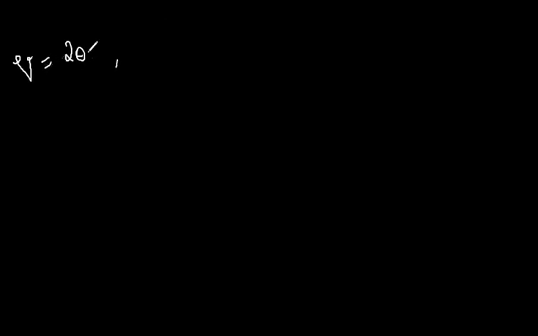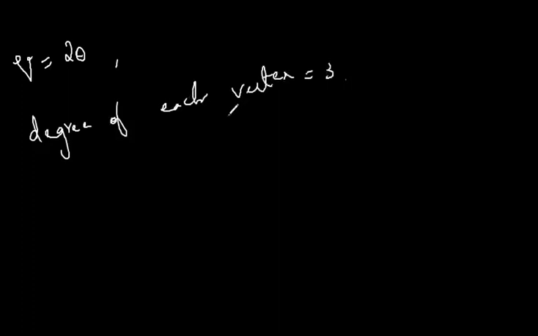So small v is the number of vertices, which is given as 20, and the degree of each vertex is 3. So we are not given the number of edges, instead we have been given the degree. We have to find the number of edges.